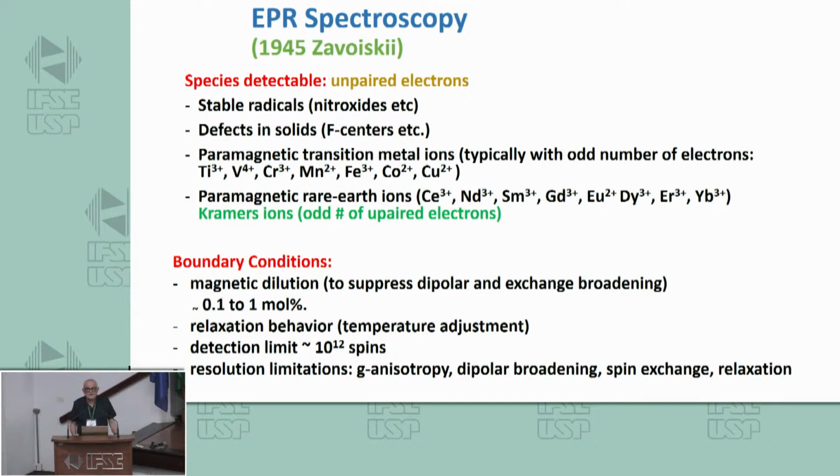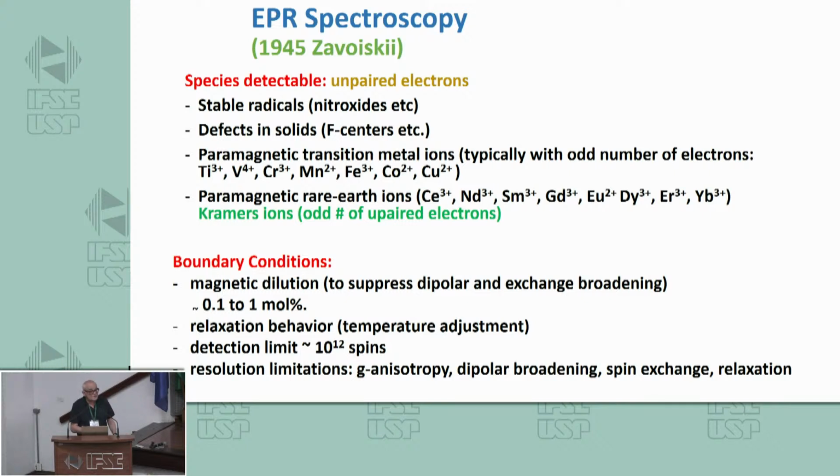Boundary conditions are a little bit different from NMR spectroscopy. In NMR spectroscopy, the species that we investigate is usually a major part of the sample, so typically above the level of 1 to 2%. In EPR spectroscopy, if the paramagnetic species are getting too concentrated, above this level of 1 to 2%, we have problems because the magnetic moments that are associated with the unpaired electrons interact and result in dipolar broadenings that destroy the resolution.